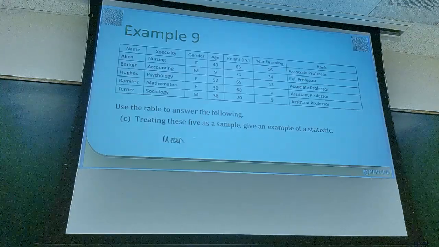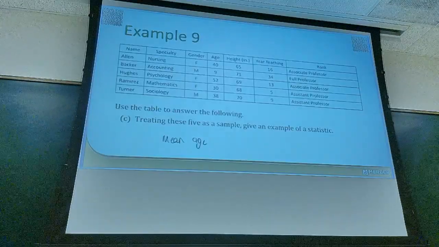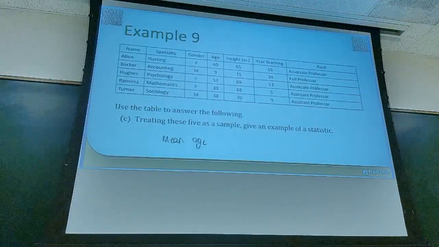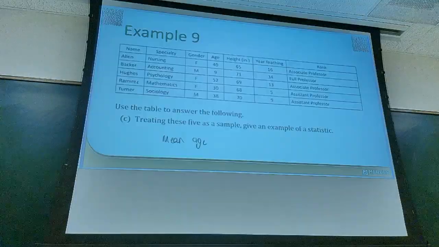The most obvious is mean something, so I'm just going to put down mean age, because we'll study proportions. We'll study all of this. But mean is usually something that everyone should know. What is an average?